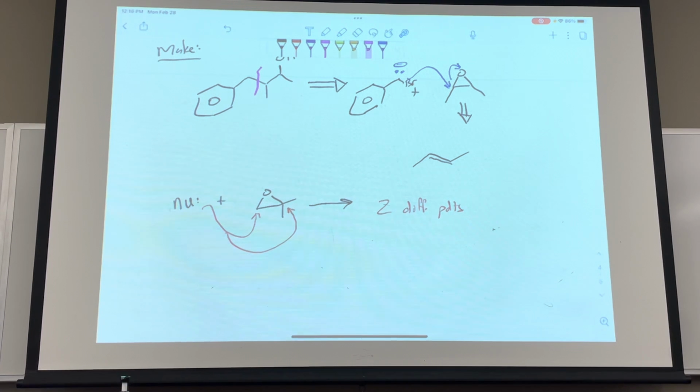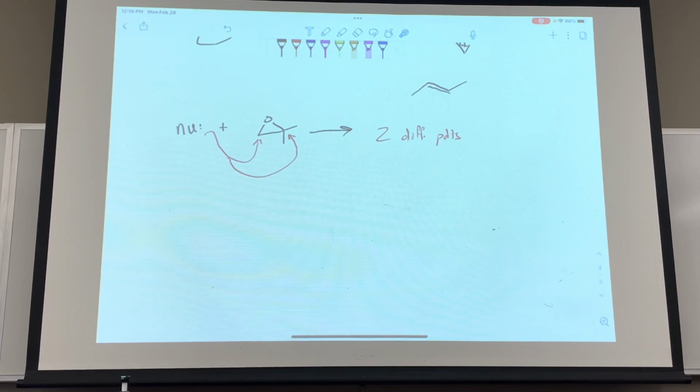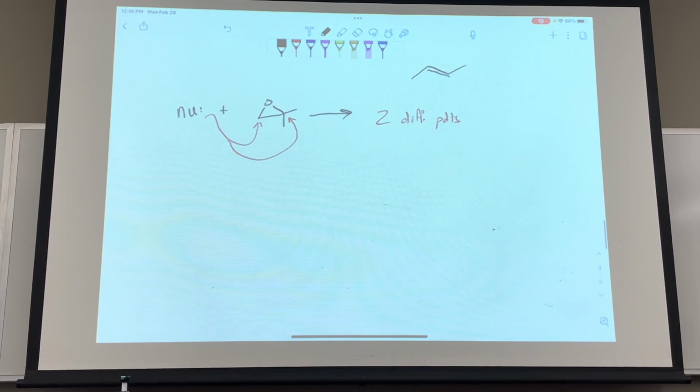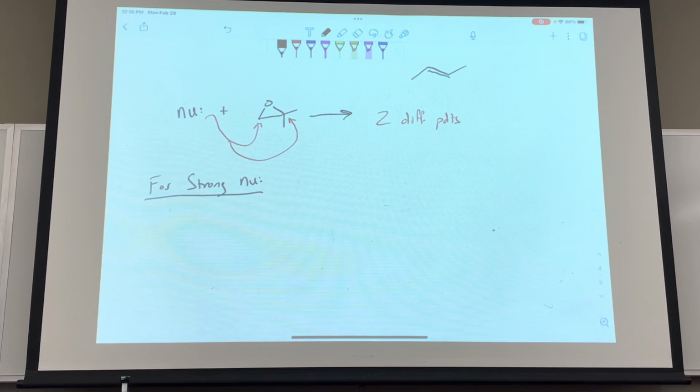So fortunately, we can predict relatively well how these reactions are going to go. And the answer to which one you get really depends on your nucleophile. So, for the purposes of this discussion, I'm going to divide nucleophiles into two groups, strong and weak. So, for strong nucleophiles, when I say strong nucleophiles, I'm mainly referring to the negative nucleophiles.